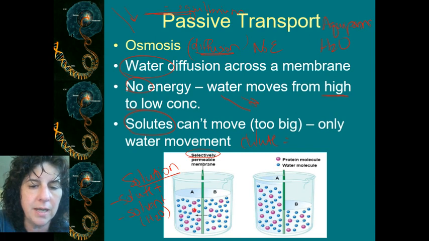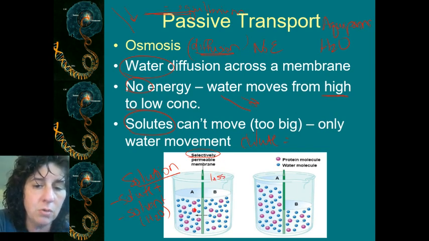So if you look here on side A, I have a whole bunch of these little purple spheres, and B, I don't have as much. That means B is less concentrated or more dilute. A is more concentrated, okay, which means it's less dilute, okay? So we're going to try and dilute it out.